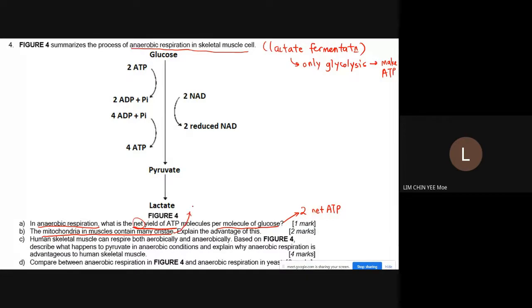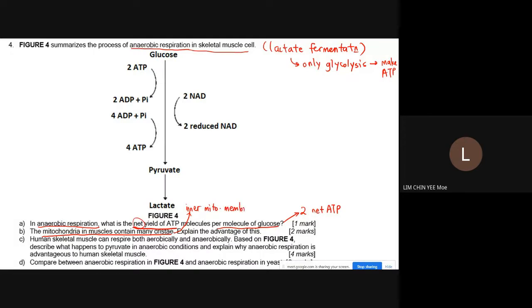Outer membrane, intermembrane space, or inner membrane? What is cristae? Inner. So the inner mitochondrial membrane.